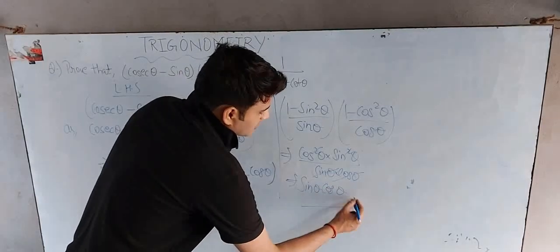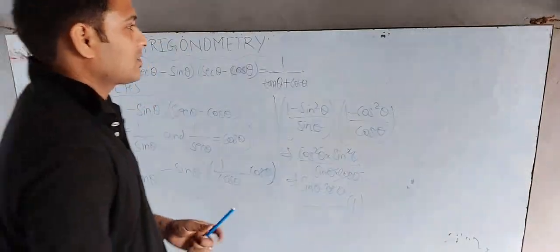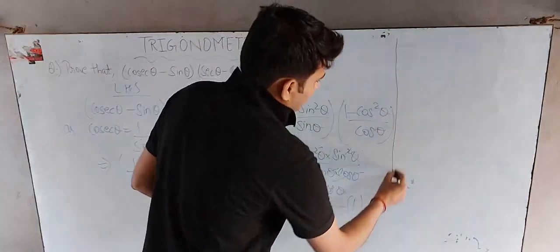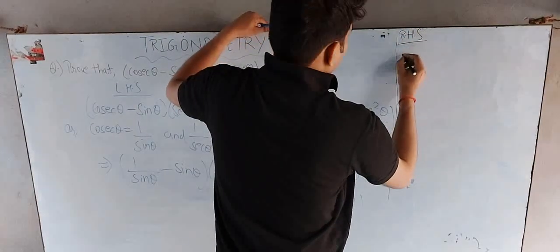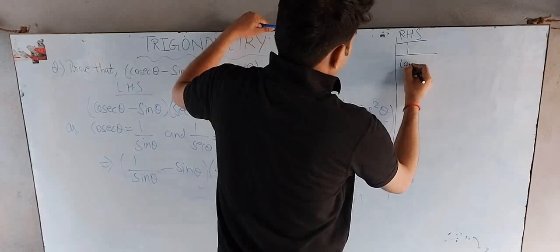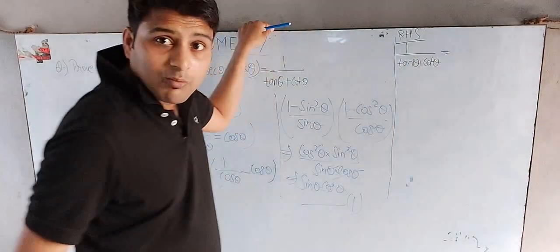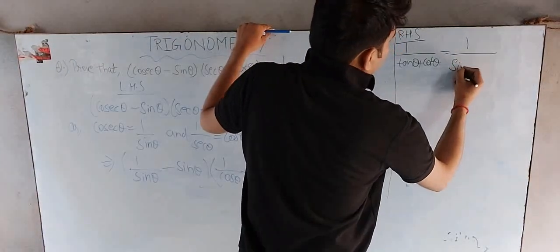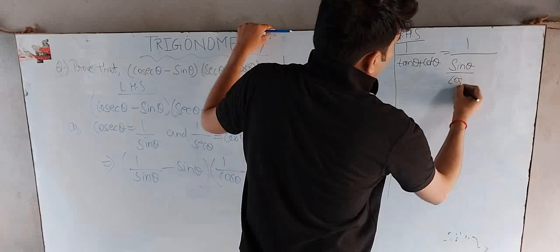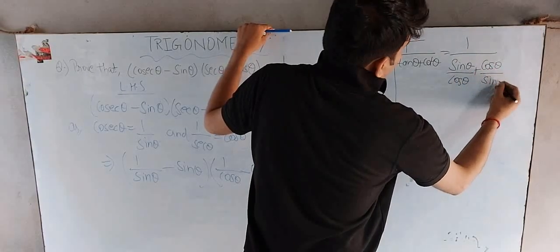Mark this as 1. Now solve RHS. What you will get in RHS? In the RHS, you have 1 upon tan theta plus cot theta. Convert them in the form of sin and cos. You will get 1 upon sin theta upon cos theta plus cos theta upon sin theta.